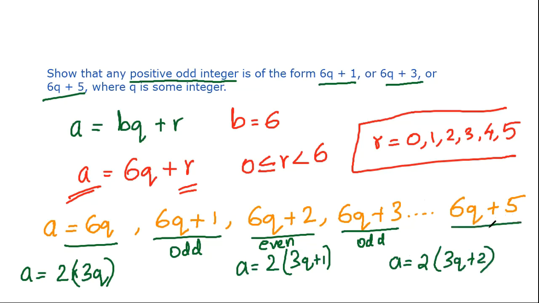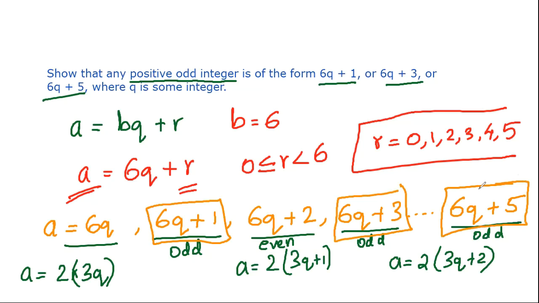Now this will be 6q plus 5. Here also you cannot take 2 outside, so this also will be odd. So all the odd integers will be of the form 6q plus 1, 6q plus 3 and 6q plus 5.